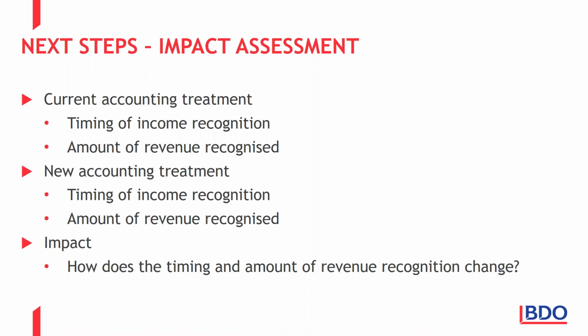So we start by working with the client and clearly documenting their current accounting treatment, and in particular the timing of income recognition and the amount of the income or revenue recognized.